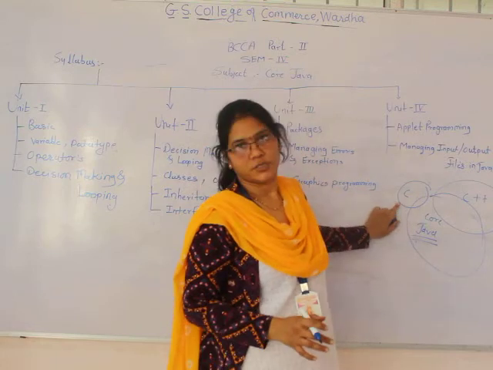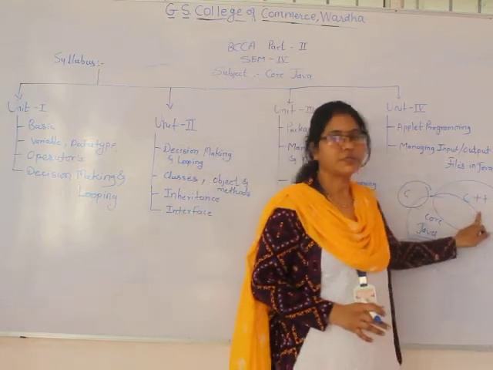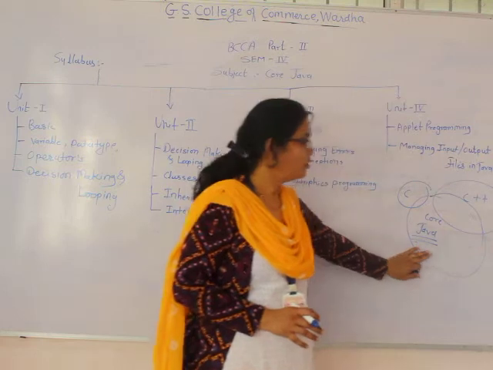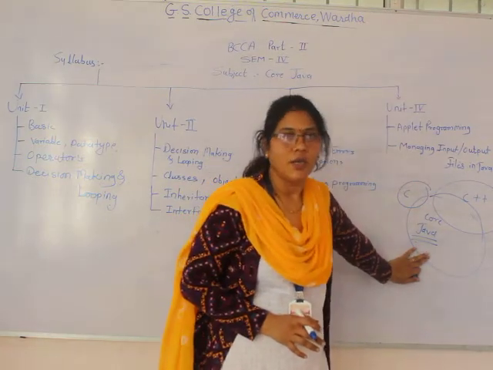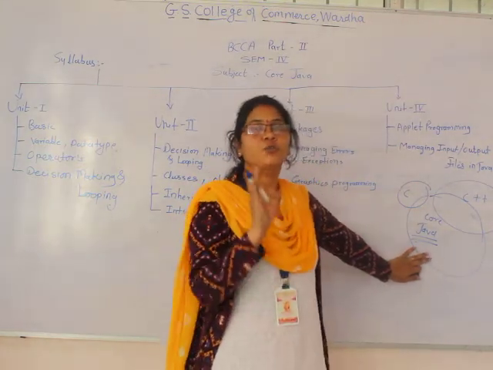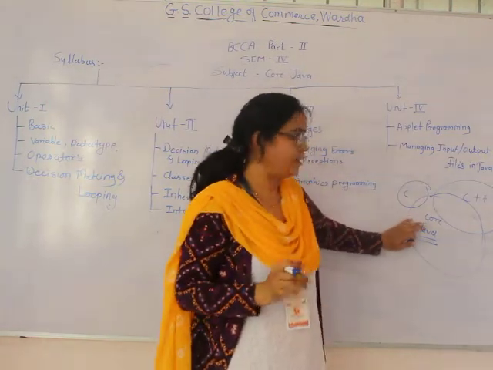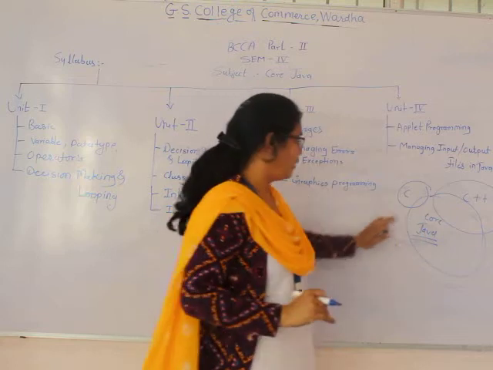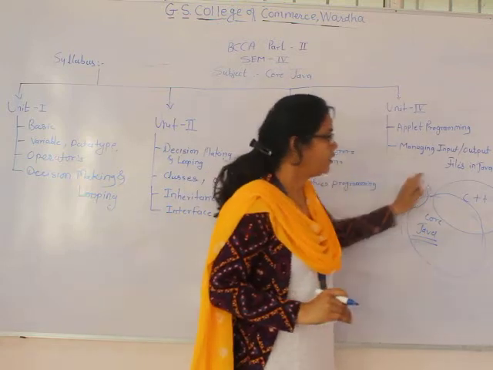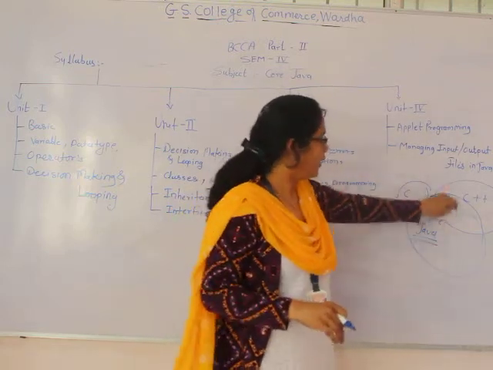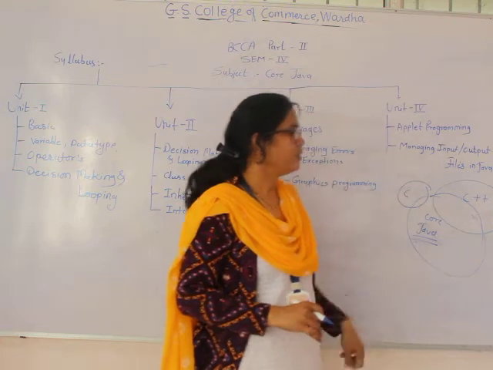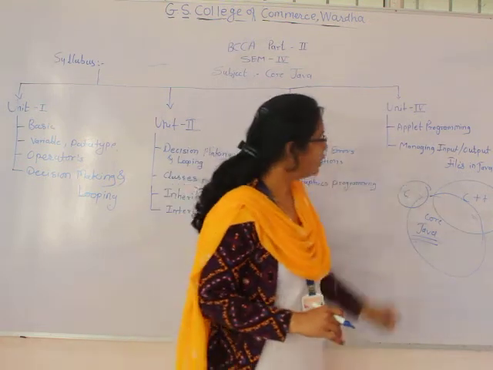C is a procedure oriented language, C++ is an object oriented language, Java is also an object oriented language, but it is called a truly object oriented language. That is one feature of Java, but Core Java has its own features also. It takes some part from C++ and some part from C.